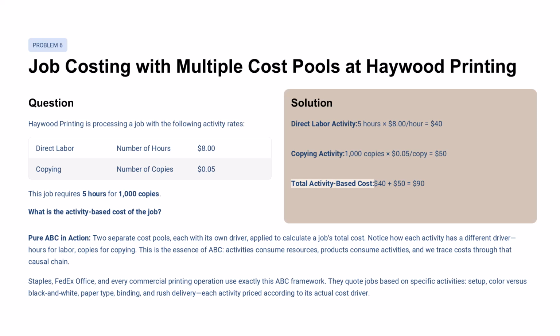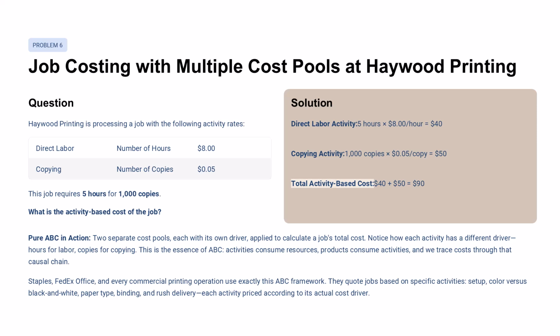The Malcolm Gladwell insight here connects to his concept of thin slicing, making accurate judgments based on limited information. ABC is thin slicing for cost management. Instead of trying to understand every microtransaction, ABC identifies the few activities that truly drive costs and measures those precisely.